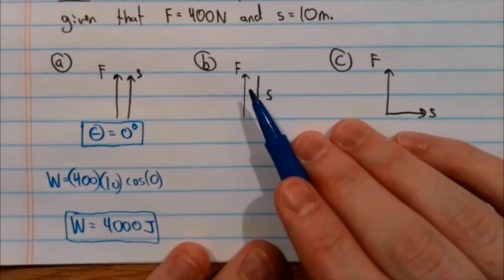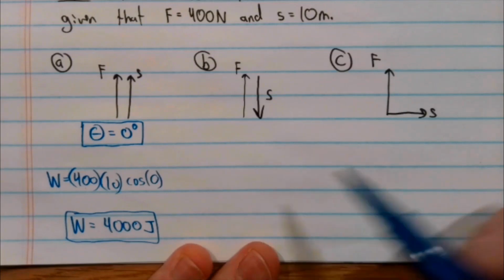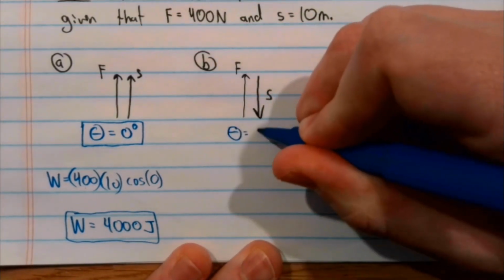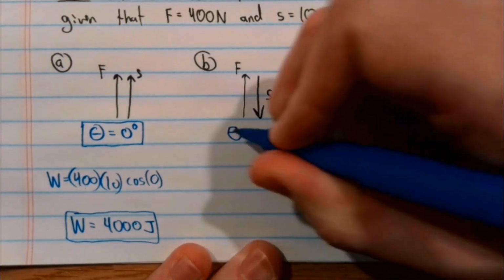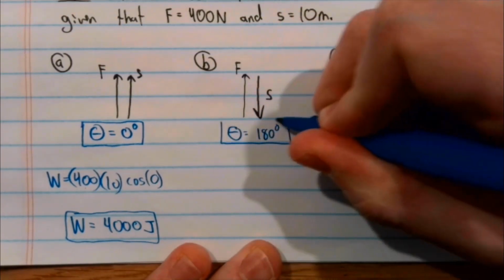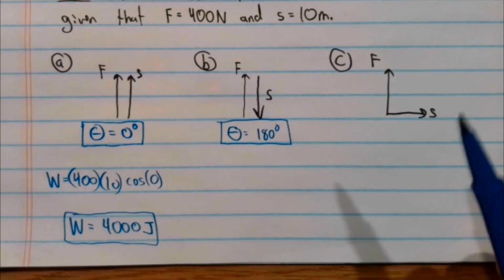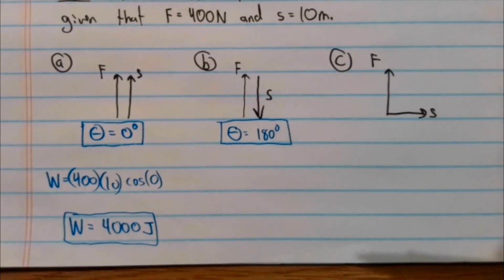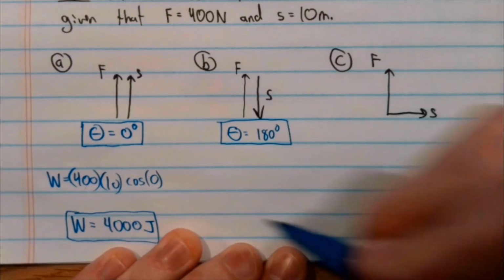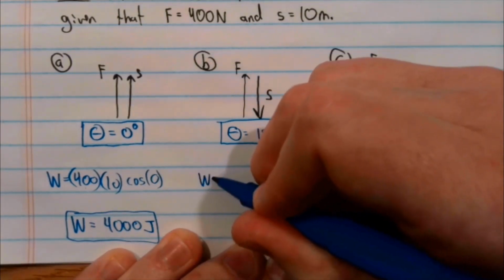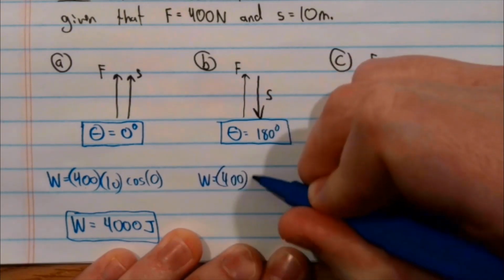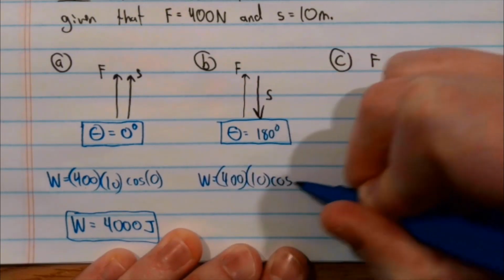What about part B? Well, two arrows that point in opposite directions are 180 degrees. Very important to memorize. If two arrows are totally opposite direction, theta is 180. So once again, pretty easy calculation. 400 times 10 times cosine of 180.